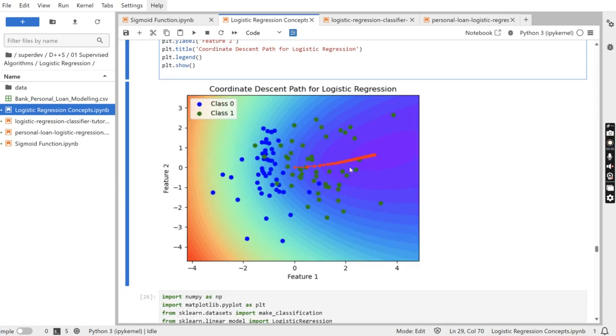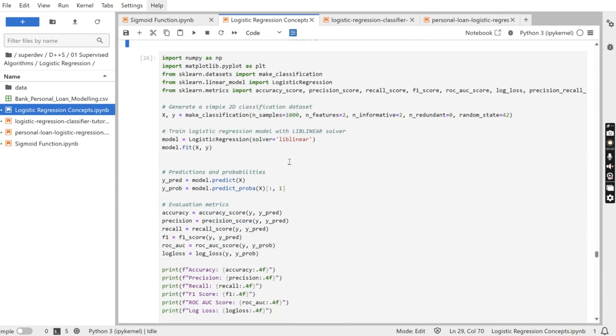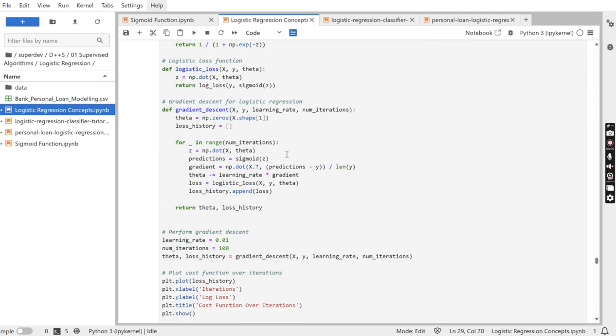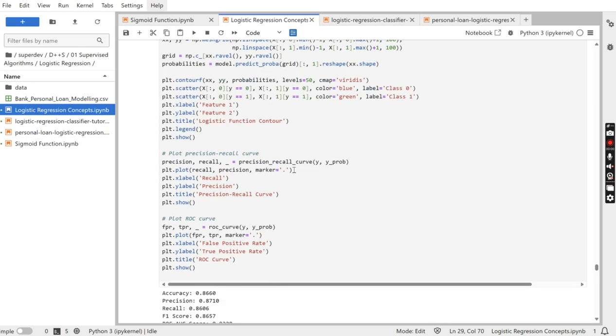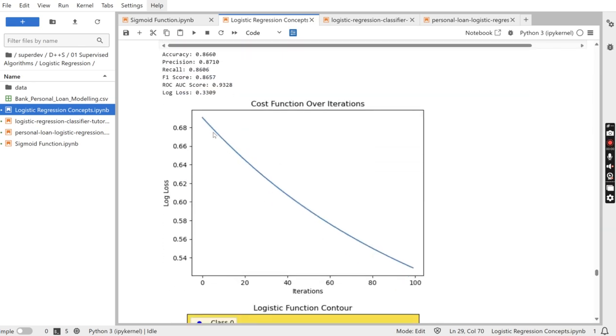So basically you can see how it is moving. This is what liblinear is. You have to use liblinear when you have too many columns. This is just the indication of loss function: for various iterations, the loss function has decreased, which is good.